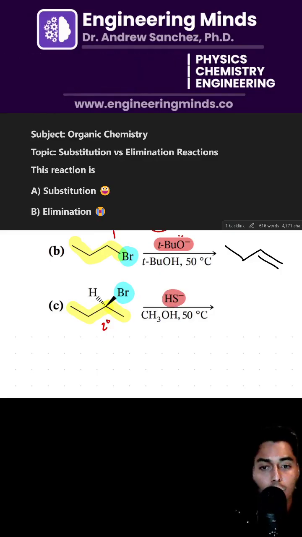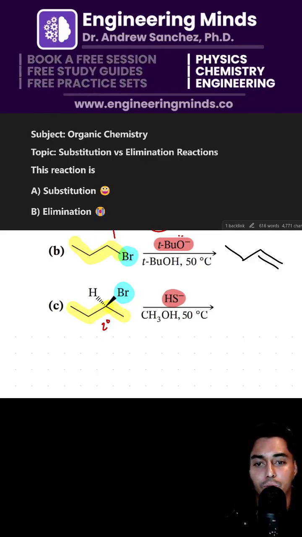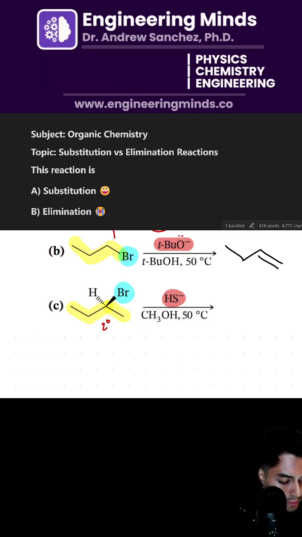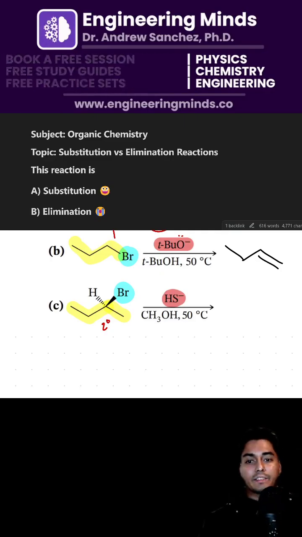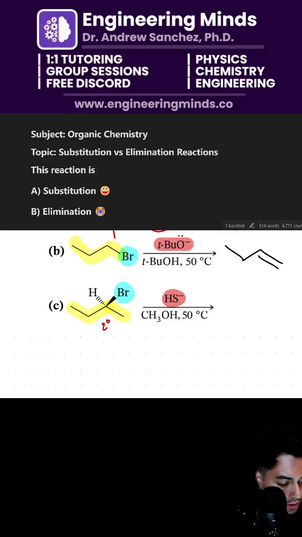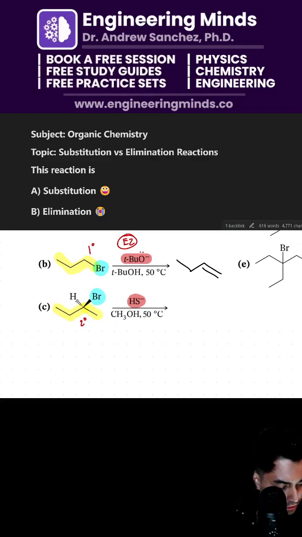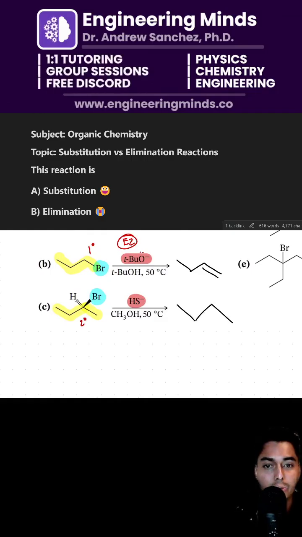So now what is going to function here? What is this going to essentially do here? Essentially, that's going to kick that off and generate a new product. So the leaving group is going to leave and generate that new reaction here. So we basically replace that.